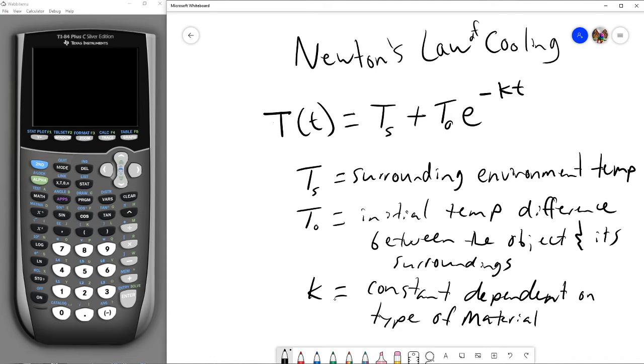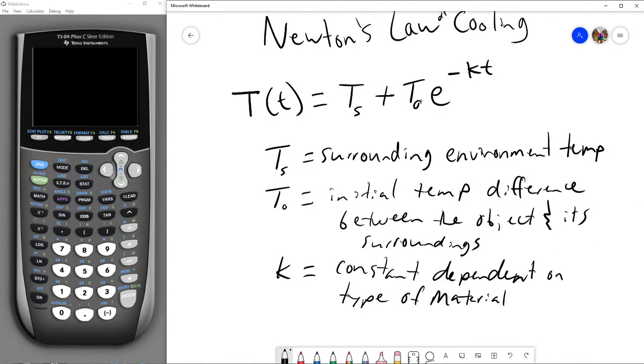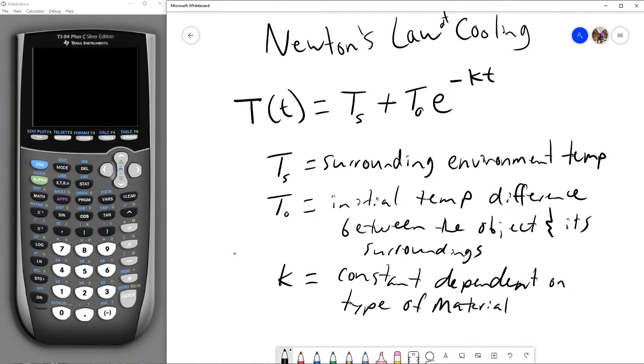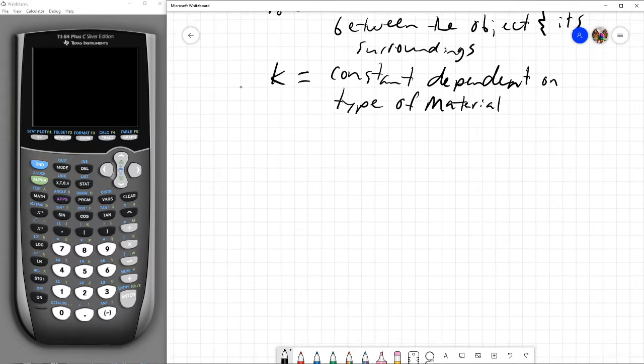So keep in mind k is determined by what kind of material. The derivation for this equation requires a little bit of calculus, so we'll save that as something for a future video when we get to the appropriate material. So let's go ahead and work through an example.